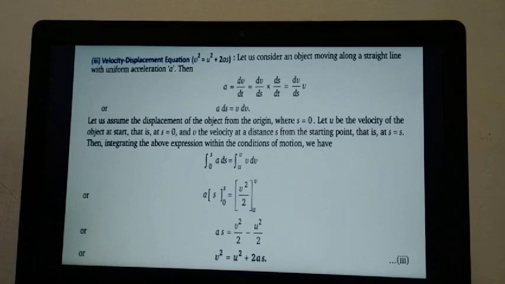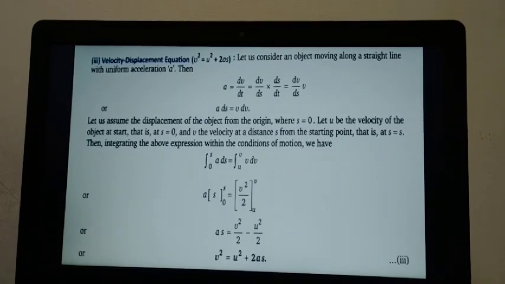Then integrate on both sides. Integral a ds with limit 0 to s equals integral v dv with limit u to v. Again, a is a constant, so it can be taken out. a into integral ds becomes s, and integral v dv becomes v square by 2, with limit u to v.